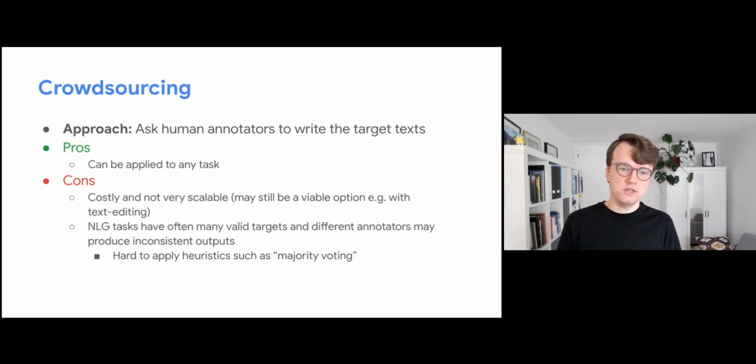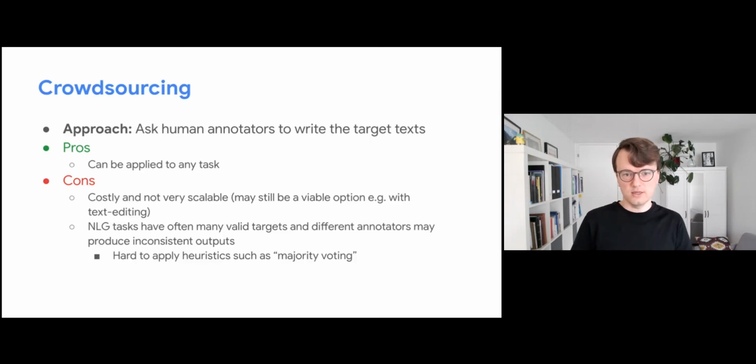Okay, one challenge with crowdsourcing specifically related to NLG is that in many NLG tasks, you have many possible outputs or many ways to express the same thing. And then different annotators or raters may have different preferences on how they express things. So you end up getting very inconsistent data. And then the model ends up learning the rater preferences rather than the task, and it might get confused when it sees inconsistent outputs.